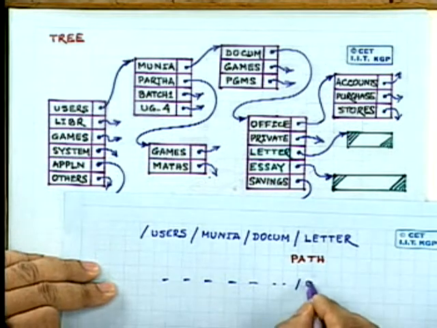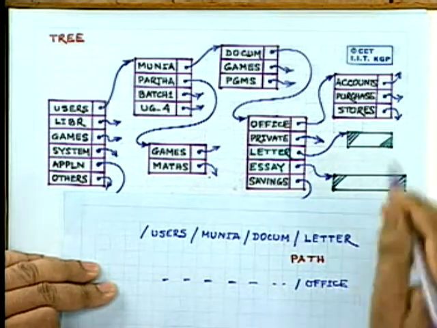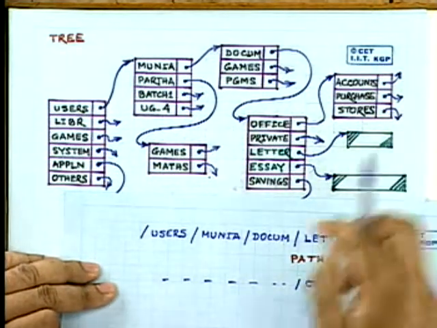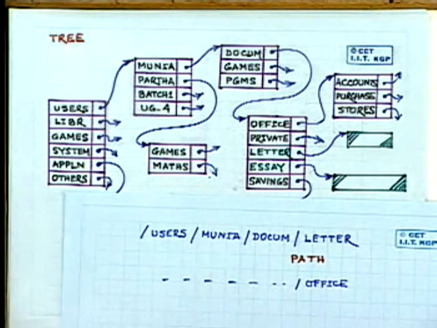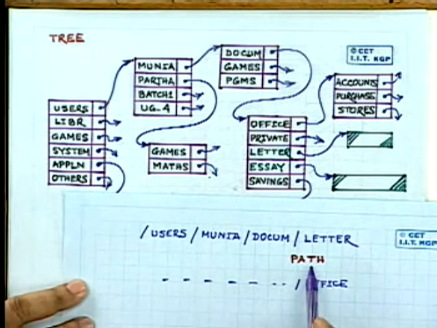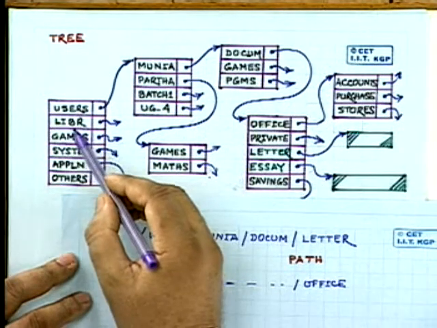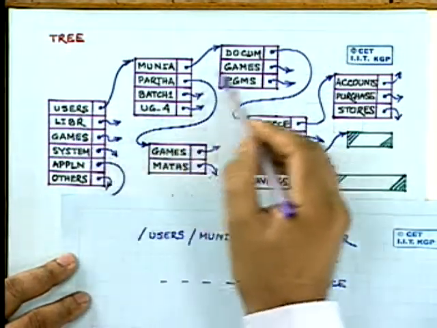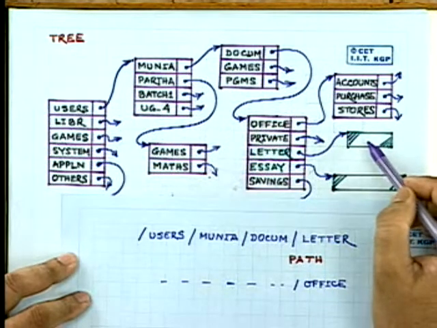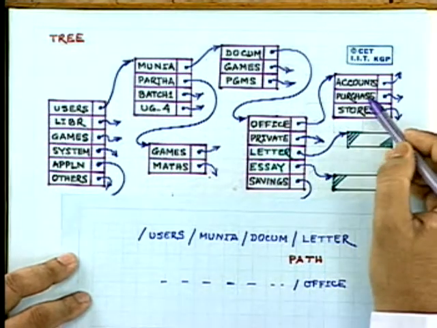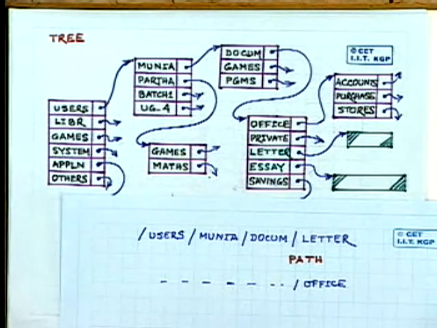We say office, then we come to this subdirectory. Now, this we call a path, and this is called an absolute path. Absolute path means starting from the root, we are saying a path by which we can reach a particular file or a particular subdirectory. It's called an absolute path, right?